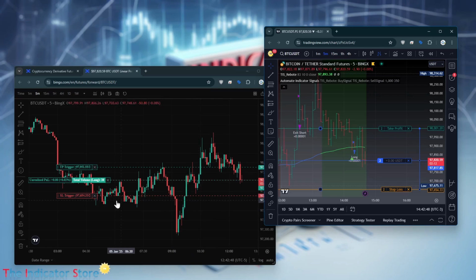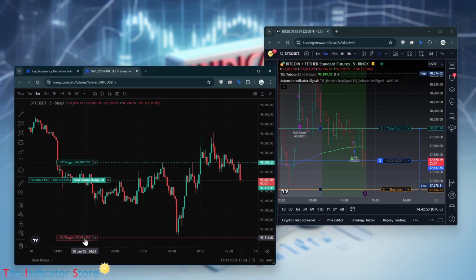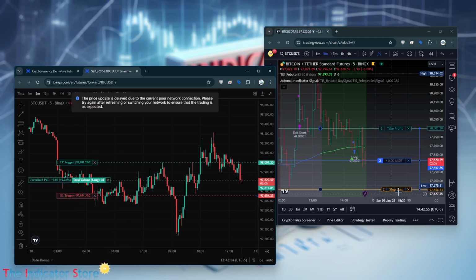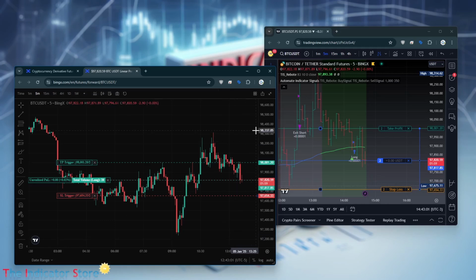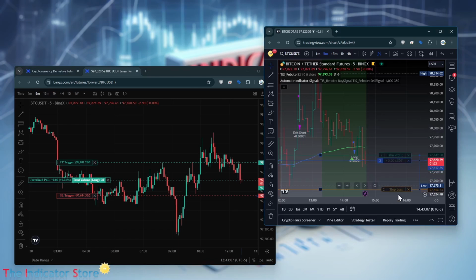And the same if I move an order on the broker. Now we can see it is also moved on TradingView. Sometimes the browser from the broker needs to be refreshed.